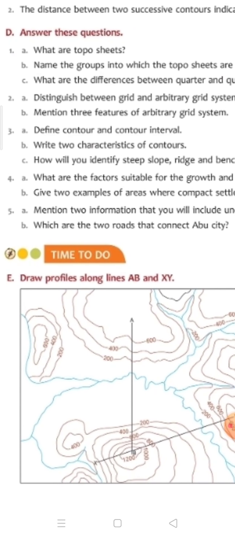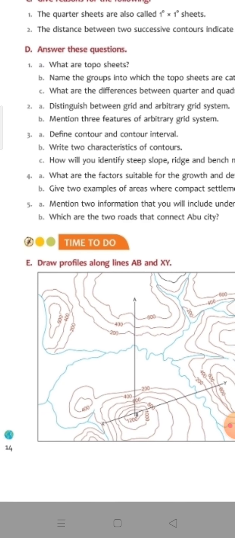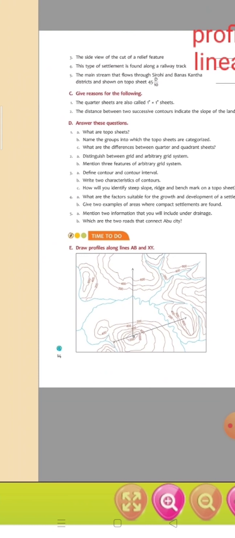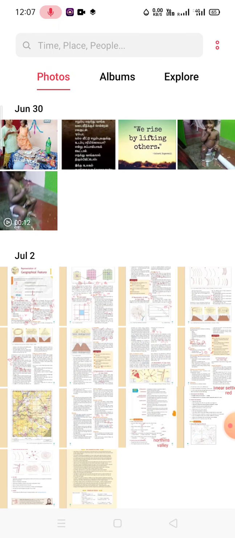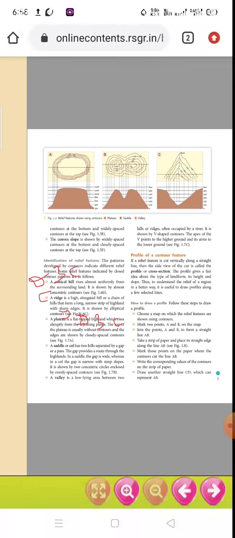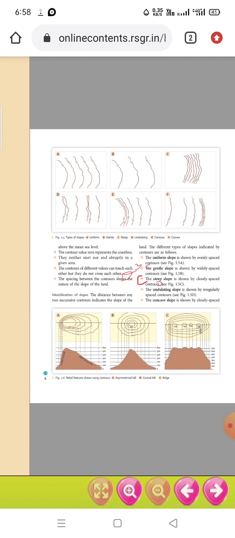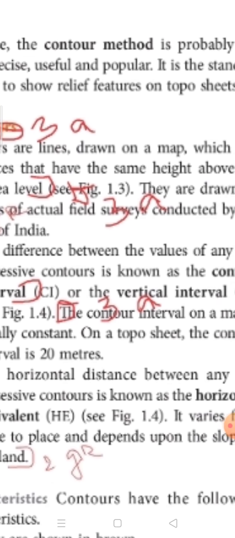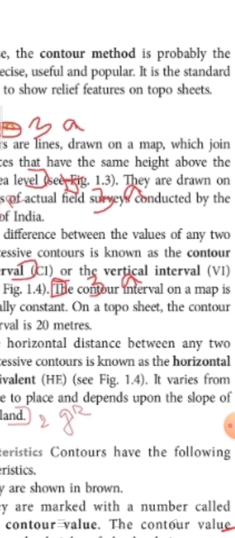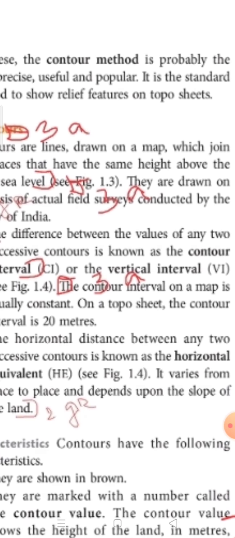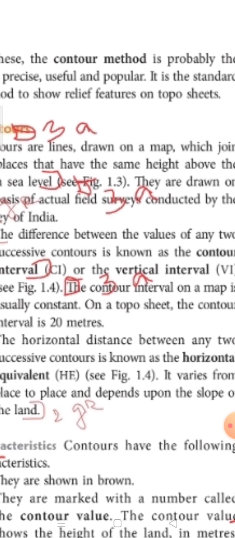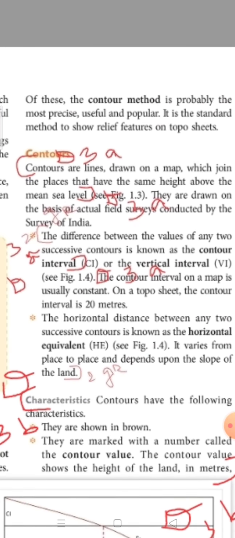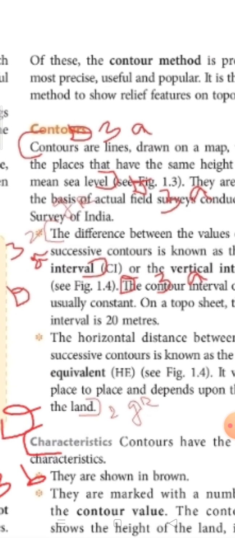Define contour and contour interval. Contours are lines drawn on a map which join the places that have the same height above the mean sea level.